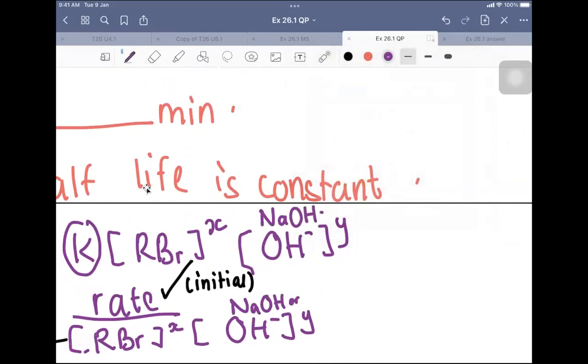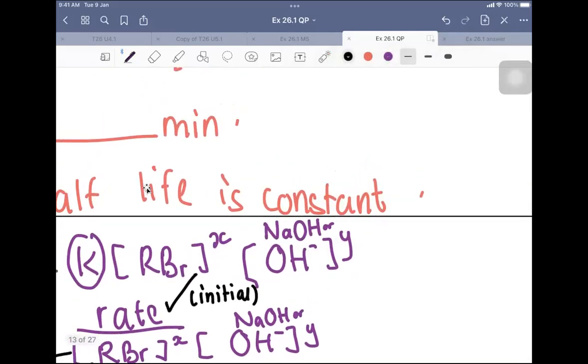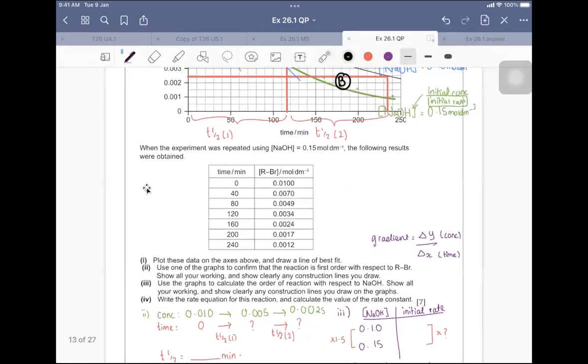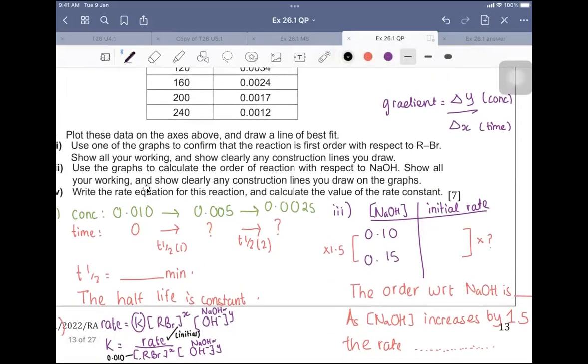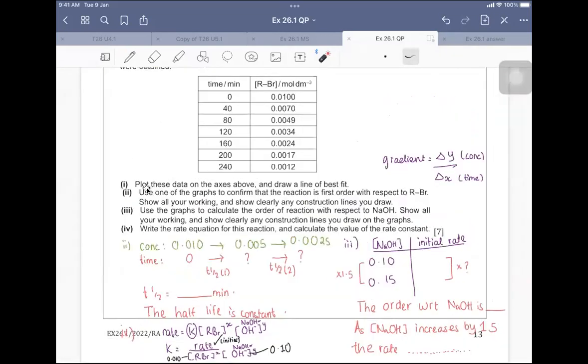The concentration of sodium hydroxide in this case, since we're looking at graph A, would be 0.10. So again, you can work out your rate constant since you know all these three pieces of information, and you can work out its units. And that should be done.